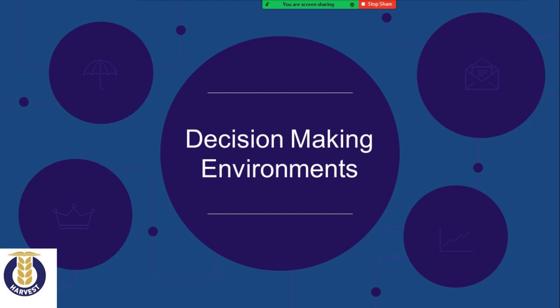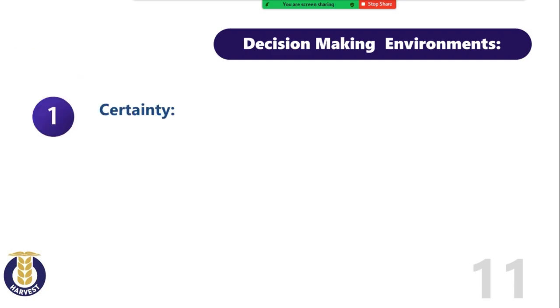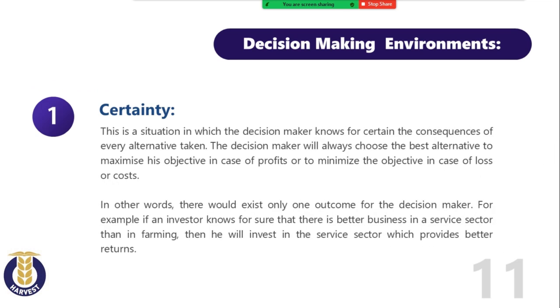So that of course tells us that as decision makers, you can make a decision under the environment of certainty. Certainty is a situation in which you have an understanding of the consequences of each alternative you're going to take. So the decision maker knows for certain the consequences of every alternative taken.